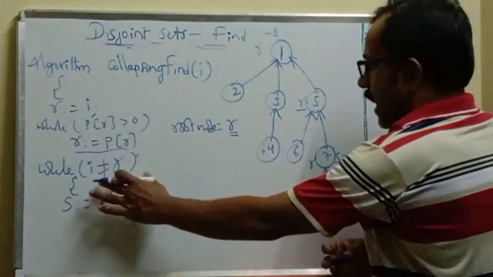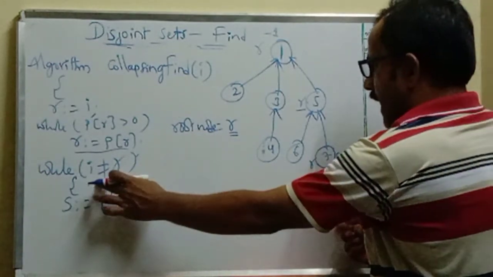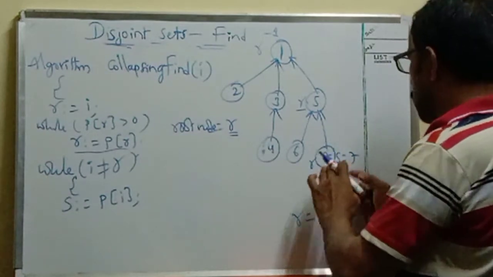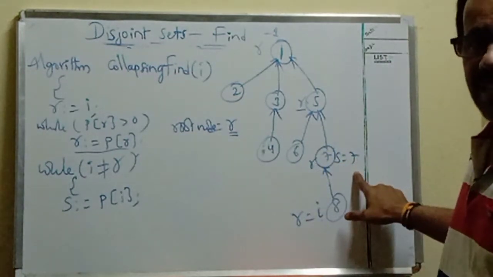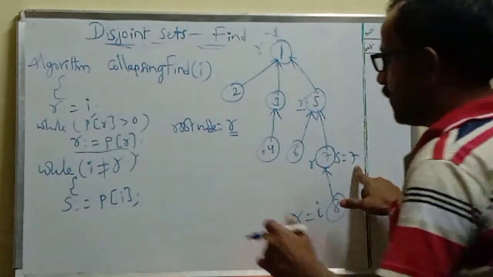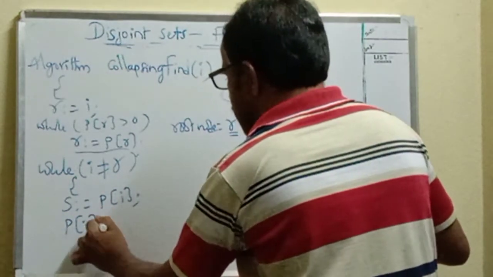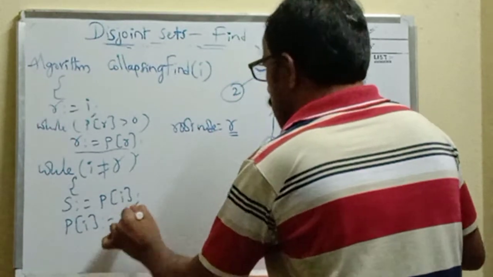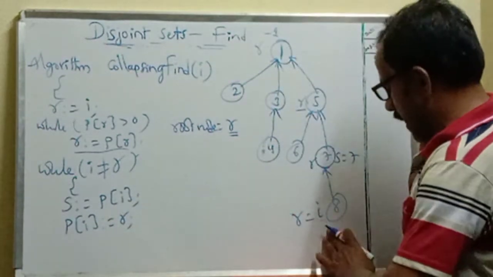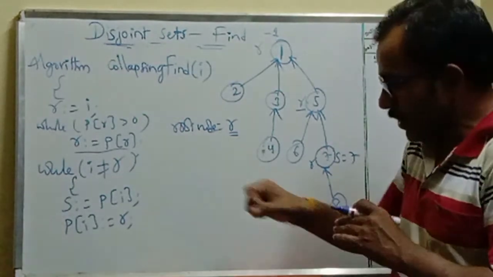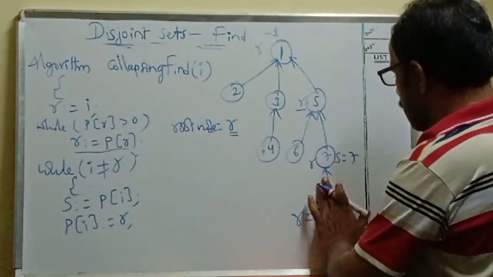So while I not equal to R, immediately copy the parent of I into S temporarily, and write this statement: P of I equal to R. Once you write P of I equal to R, by using that statement, we are immediately removing this link.